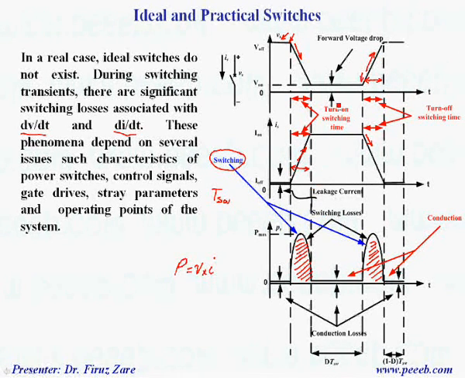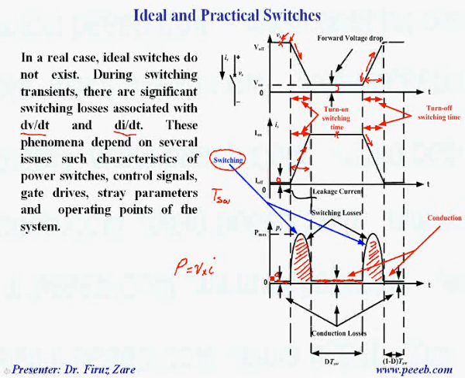And then when the switch is on, because the voltage drop across the switch is not zero, the voltage times current defines the conduction losses. So this is conduction losses. But assuming that the leakage current is zero, 0 times voltage means that the conduction loss when the switch is off is 0.